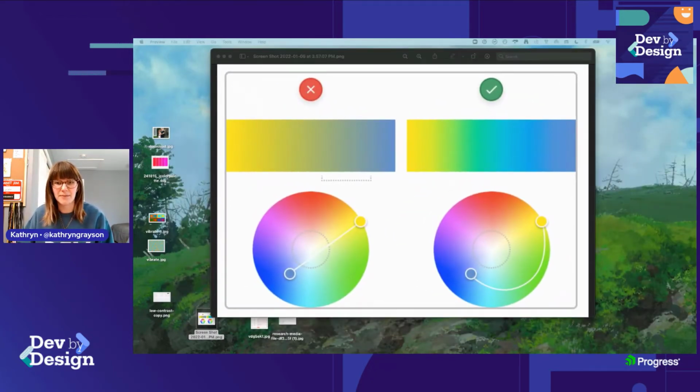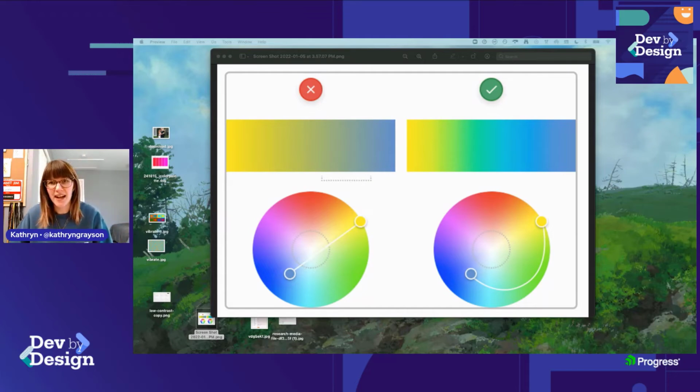I feel like this has happened to a bunch of us, where we go to create a gradient and we end up with something that looks like this, where we get this blah that happens in between. And it's just really gross to look at. It feels really washed out. It feels really muted. And it's probably not what we were going for when we intended to transition between those colors.